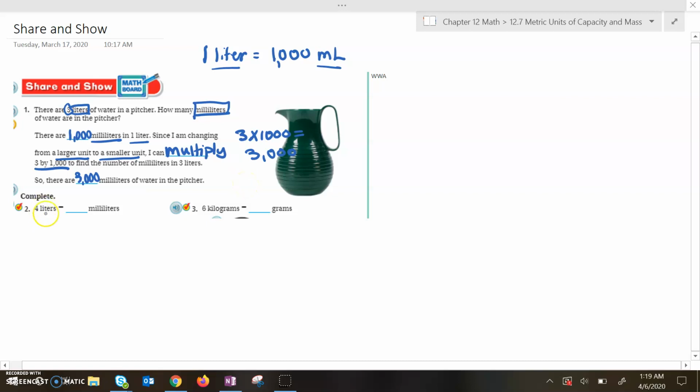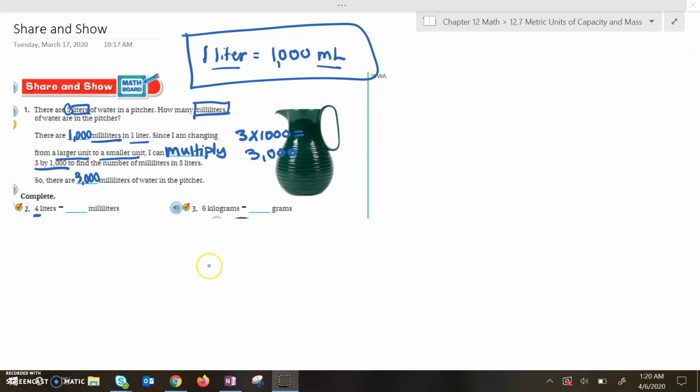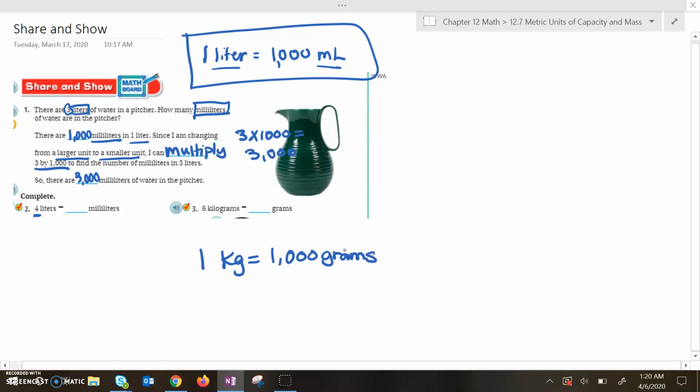So I'm going to give you a moment here. Remember, refer back to this conversion. We have 4 liters in this one. And then in our other one, remember that for every 1 kilogram, we have 1,000 grams. We have the same idea for this problem here.